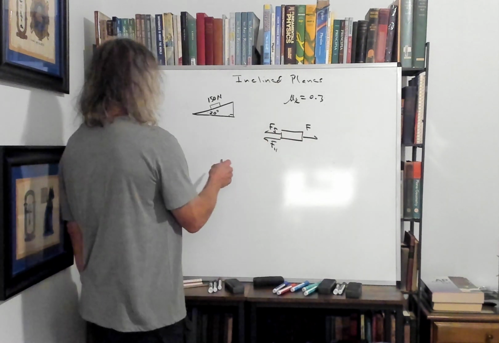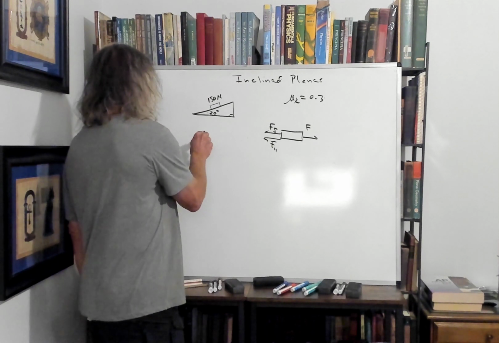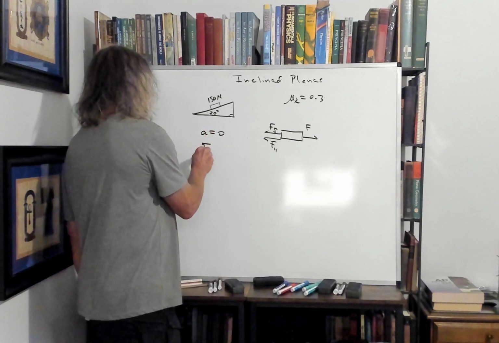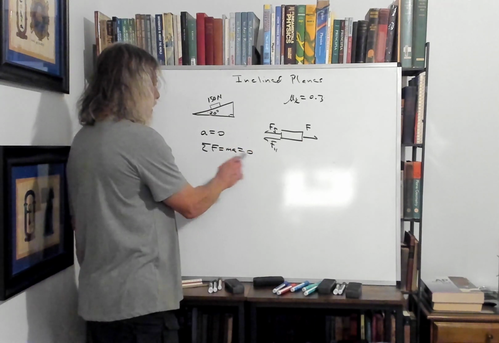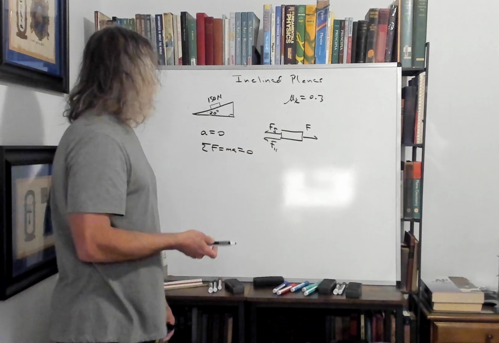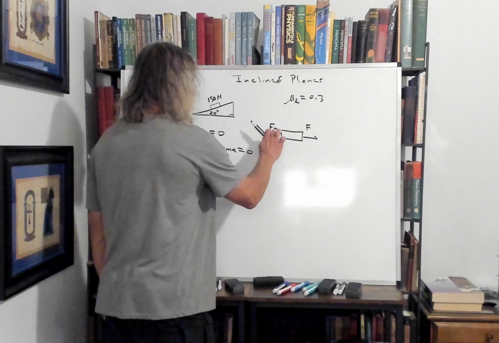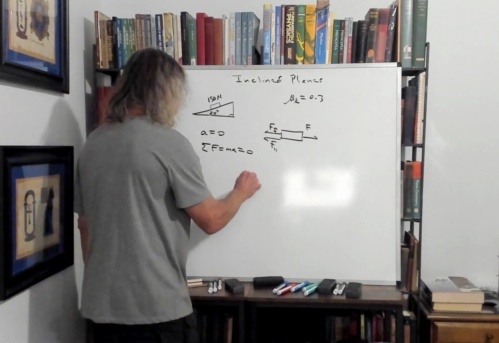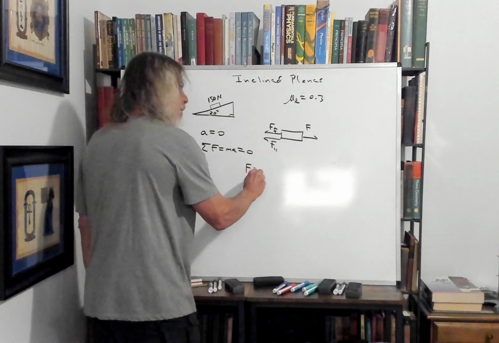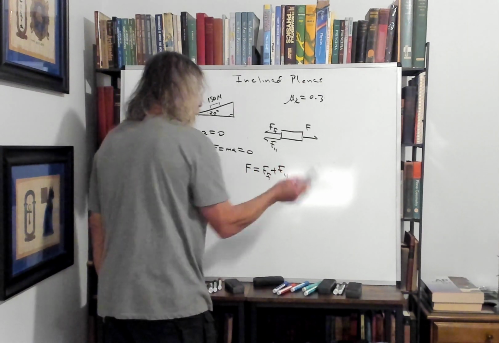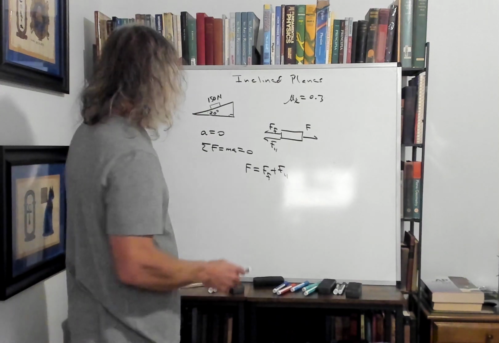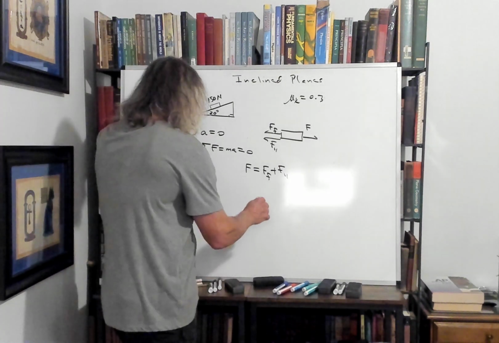Constant velocity means no acceleration, so net force is 0. It's balanced. Then F equals F friction plus F parallel. Then it's got to match those two.